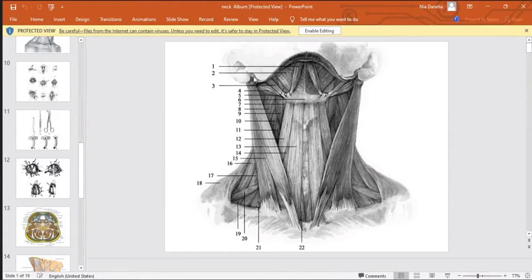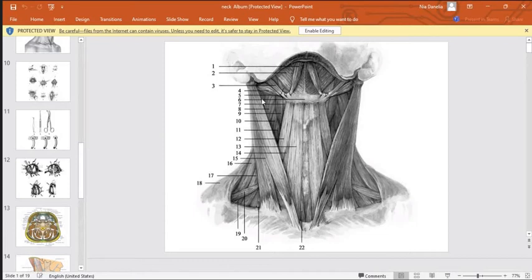So, medial triangle borders, let's remember: superiorly it is bounded by the lower margin of the mandible, laterally by the anterior border of the sternocleidomastoideus muscle, and medially by the midline of the neck, which by the hyoid bone is subdivided into the suprahyoid region and the infrahyoid region.